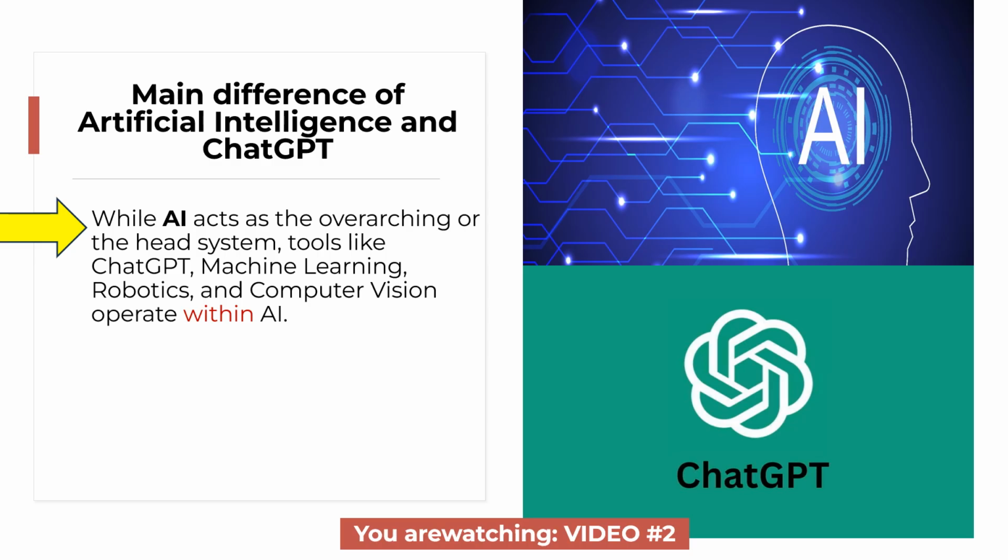The cohesive main difference between AI and ChatGPT is, while AI acts as the overarching or head system, tools like ChatGPT, machine learning, robotics, and computer vision all operate within AI.